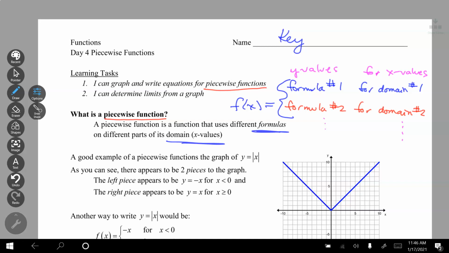We've actually seen a piecewise function before. A good example of one is the absolute value of x, this v-looking graph. Even though it's just one graph, we could make it into a piecewise formula, because right down the middle, at x equals 0, which I call a boundary, you can see there's a left piece and there's a right piece.